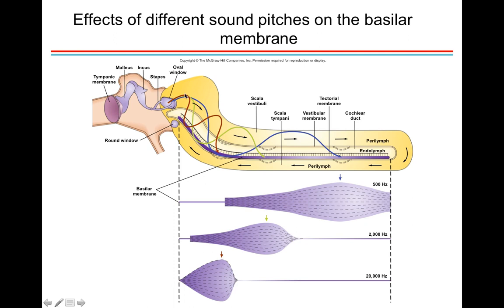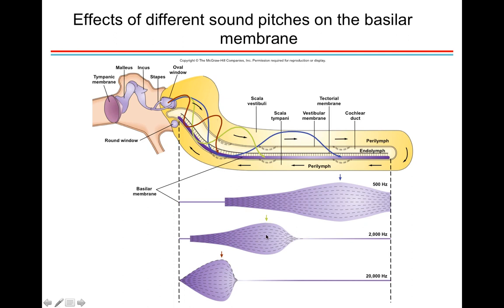Okay, so it's going to basically decompress this membrane over here called the vestibular membrane, and then it's going to send the vibration into the endolymph, which is in the cochlear duct, and it's going to cause a deformation of the hair cells that are right over here. These little lines are the hair cells, and it's going to hit early.